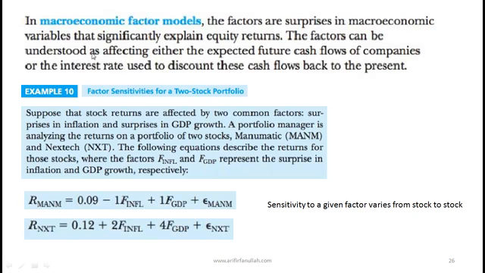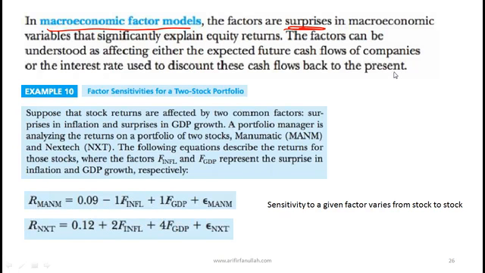Okay, so the first category of multi-factor models, macroeconomic factor models. In macroeconomic factor models, the factors are surprises in macroeconomic variables that significantly explain equity returns. These factors can be understood as affecting either the expected future cash flows of companies or the interest rate used to discount these cash flows back to the present.